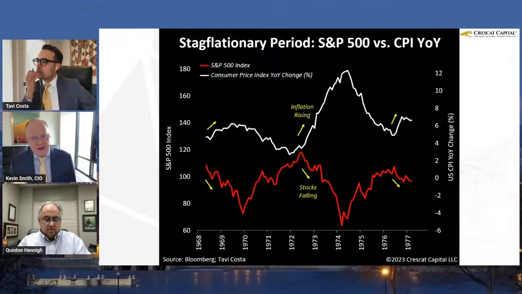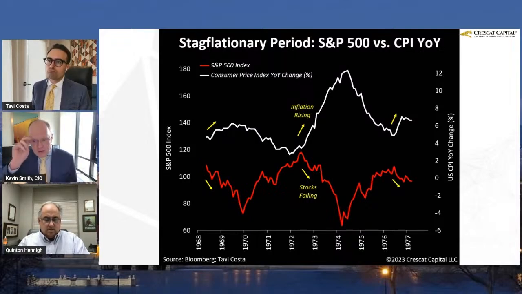So what happens in a stagflationary recession? This is looking at the 1970s. When you have rising inflation, a lot of people think inflation's good for stocks. Well, not really. Rising inflation causes shrinking PE multiples because the cost of capital is rising, and it causes valuation multiples to shrink.